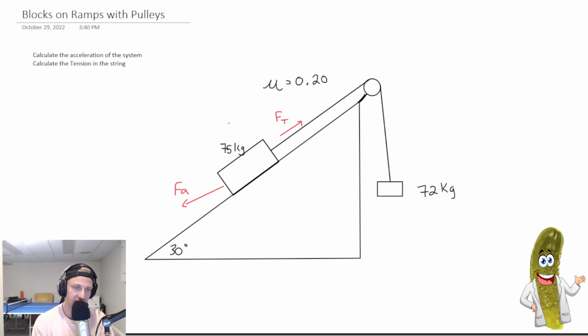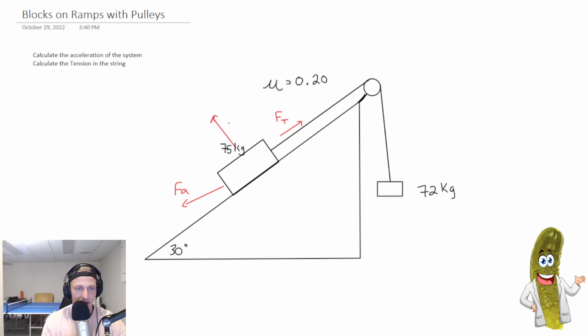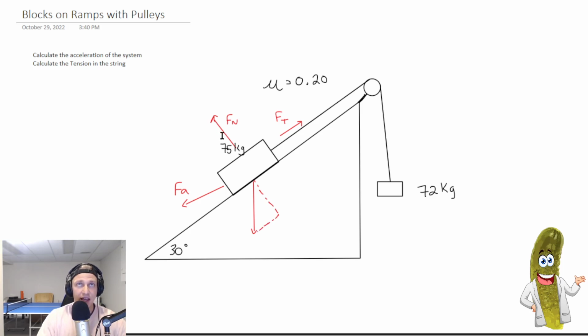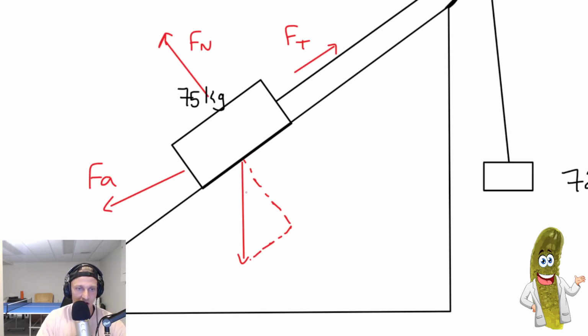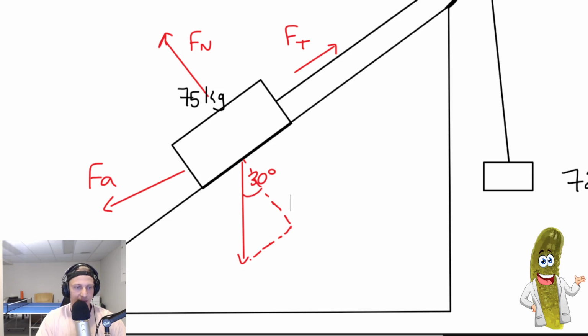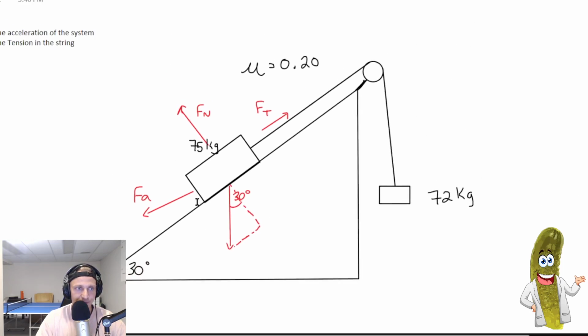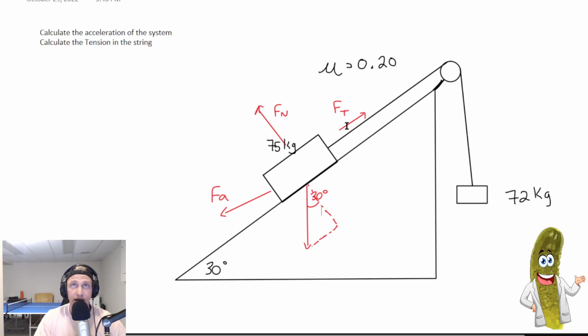If you watch my last video, you'll know that our normal force, our Fn, is working in this direction. And our Fg is typically this direction, but with these types of questions, we always draw a little triangle like this. And this top angle here is always going to be the same as the bottom angle as well. So we've got our setup there for this top block.